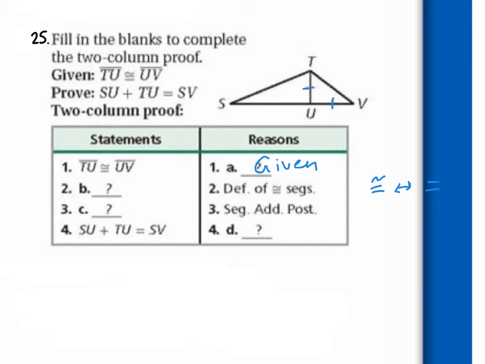So if we have two segments that are congruent here, then what can we say about those two segments? They're equal. So we can say TU is equal to UV. So wait, how is it equal? By the definition of congruent segments. If they're congruent, then we know that they're equal. Okay.